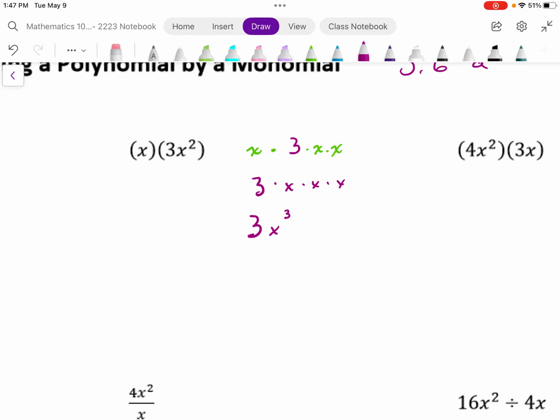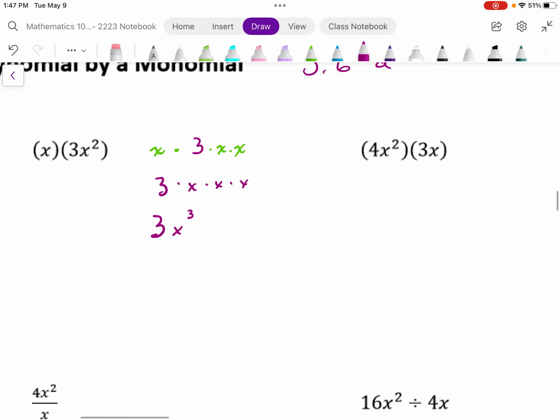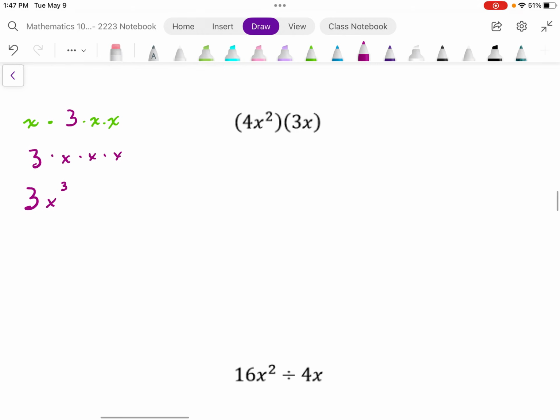Now notice how the variables sort of go together and the coefficients don't have anything to do with the variables, almost like two different questions. So now I'm kind of hoping what we're able to do with this one is I'm going to write it as repeated multiplication in this really weird expanded form. By the way, 4x squared is 4 times x times x. That's what 4x squared is. Now what I'm going to do is I'm going to multiply it by 3x.